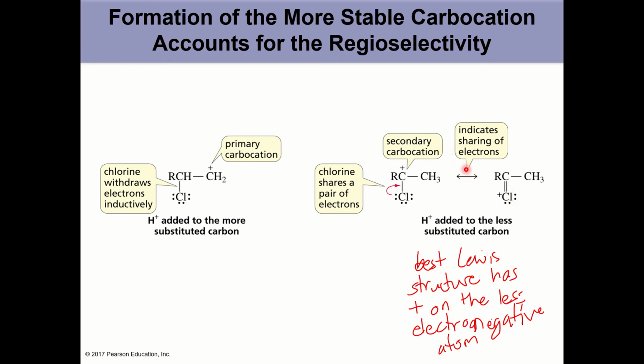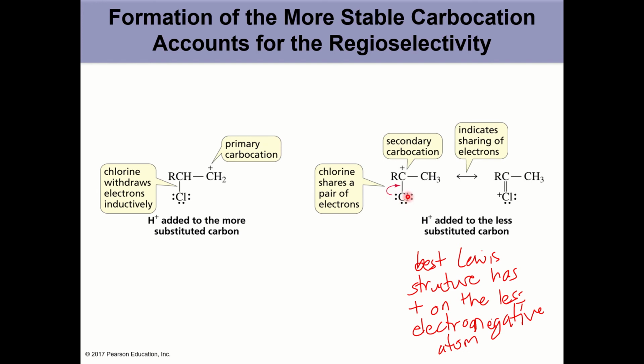And this double-sided arrow indicates sharing of electrons. And in Chapter 8, we will review resonance. You should have learned resonance in Gen Chem. But we'll review resonance and what the sharing of electrons is and how we can recognize when electrons can be shared. One hint about sharing electrons is that electrons can only be shared to sp2 or sp atoms.